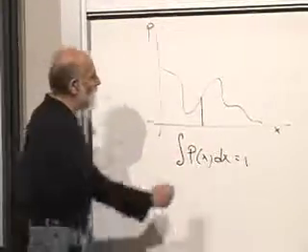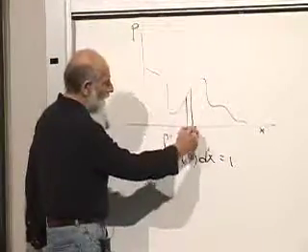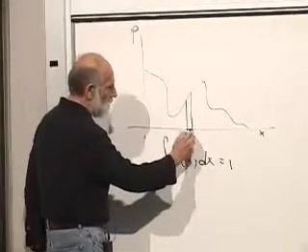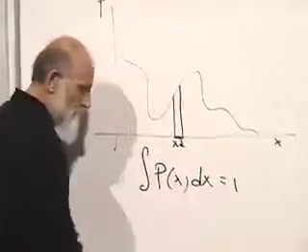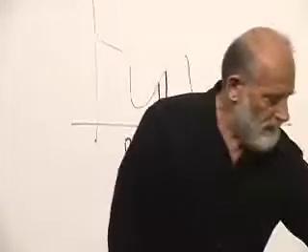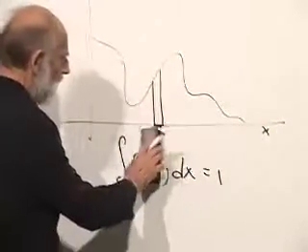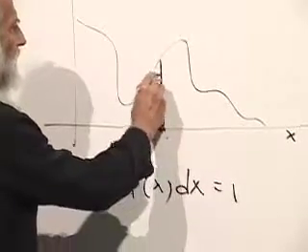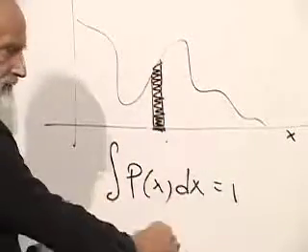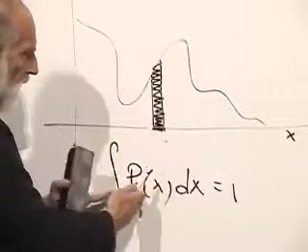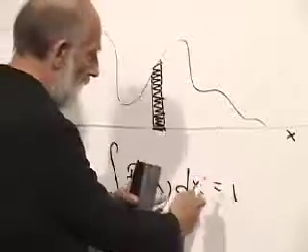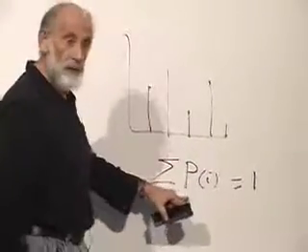We talk about the probability that the coordinate x lies between x and x plus dx. We talk about the probability that the coordinate lies in a little interval here, and that naturally brings us to the idea of a probability density. A probability density is a thing that we integrate. A probability for a discrete variable is a thing that we sum.